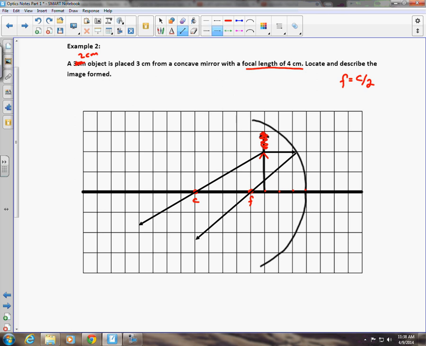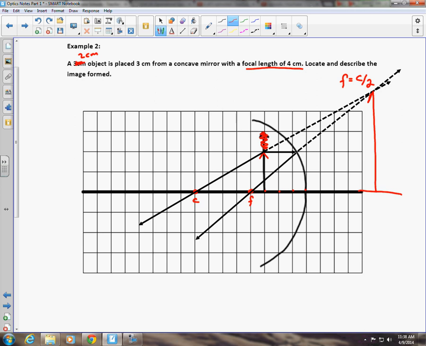So I'm going to do dotted lines. When I extend them, I use dotted lines going back along the rays until I find where they meet. So it looks like these are going to meet somewhere around there. Then I'm going to draw in my image from the central axis to the point where they meet.